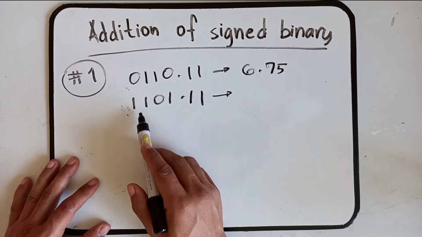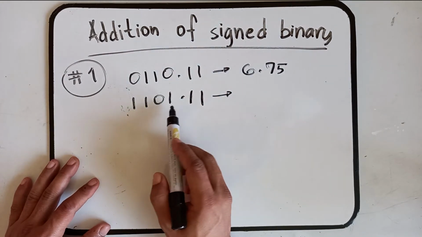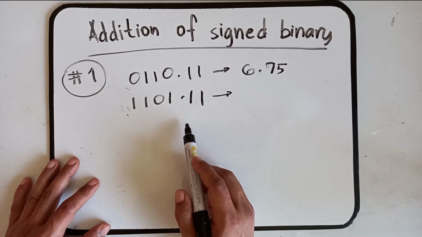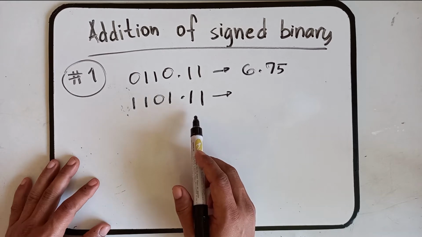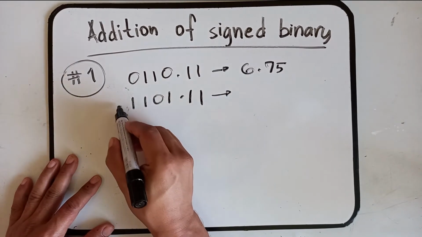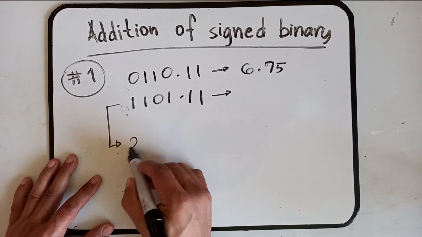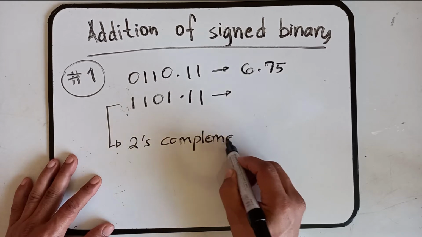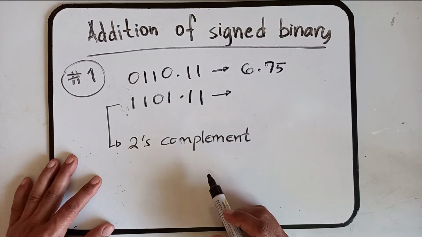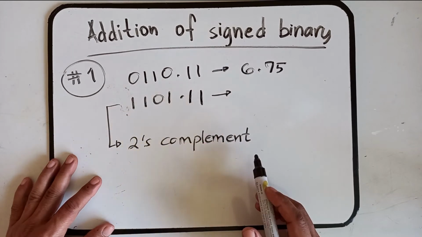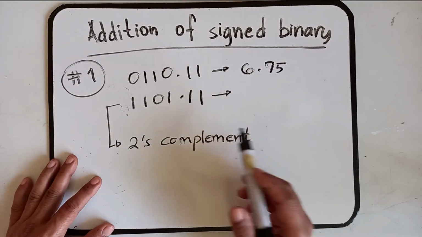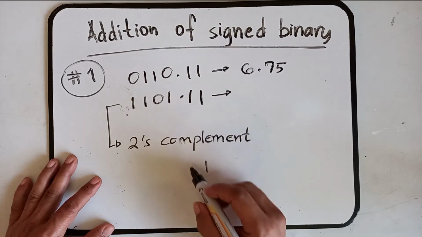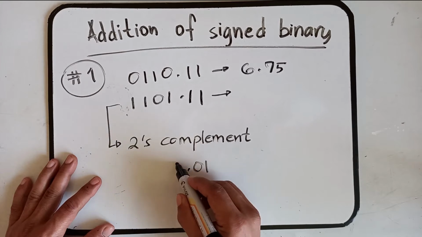And then for the second given, we know that this is a negative number, so we need to apply 2's complement so that we'll be able to get the positive version of this binary. In applying 2's complement, the shortest way is to copy up to the first occurrence of 1, and then invert the remaining bits.